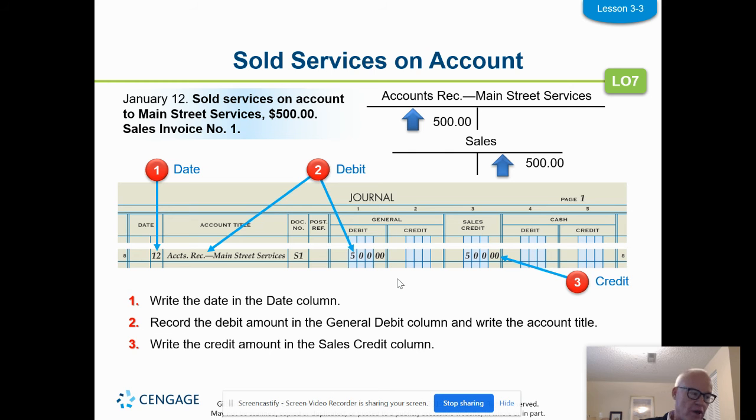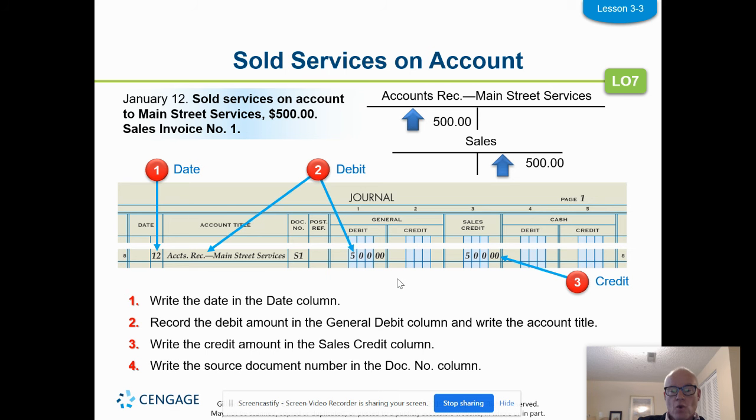So our debits were 500, our credits were 500. We increased an asset for 500. We increased an owner's equity for 500. Again, when you play Monopoly here shortly, or maybe you already have, I don't know what day I'm on, you're going to have to prove every time that those things balance.